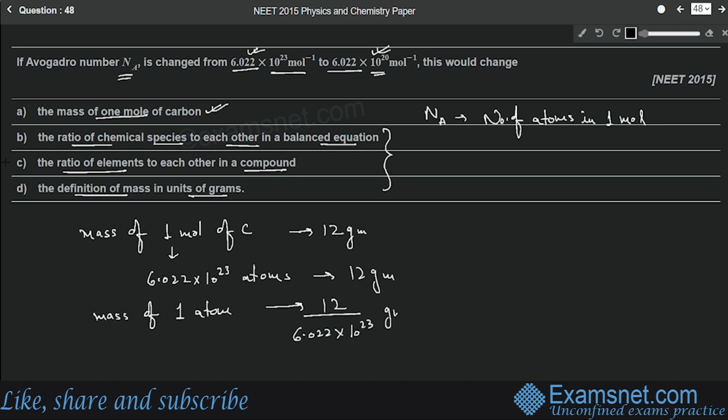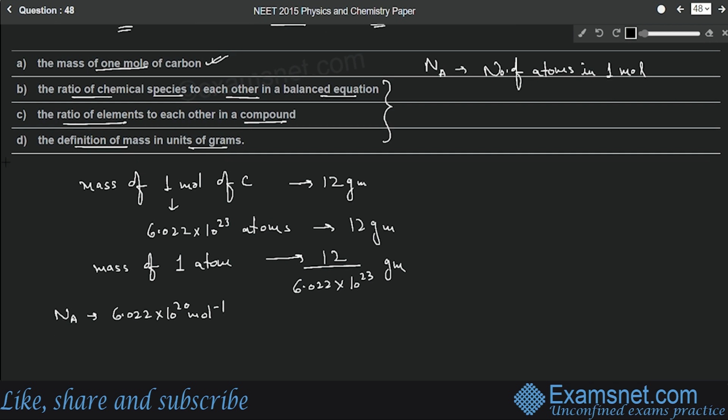Now if Avogadro number becomes 6.022 into 10 to the power 20 per mole, then what will be the mass of 1 mole? That means we have to find out the mass of 6.022 into 10 to the power 20 atoms of carbon.